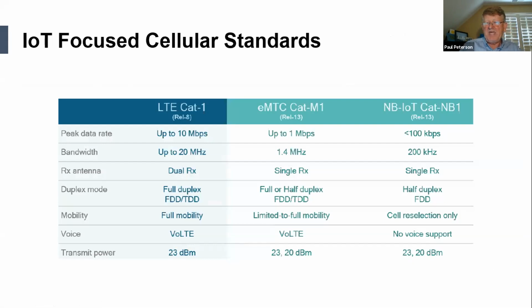One thing I did want to say is, for example, with Cat M, you can have full mobility. You may hear things like cold chain storage. In other words, you want to track the temperature of a refrigerated semi-truck as it goes across country. In those cases, that's going to be more of a Cat M1 implementation because it does allow cell tower to cell tower handoff.